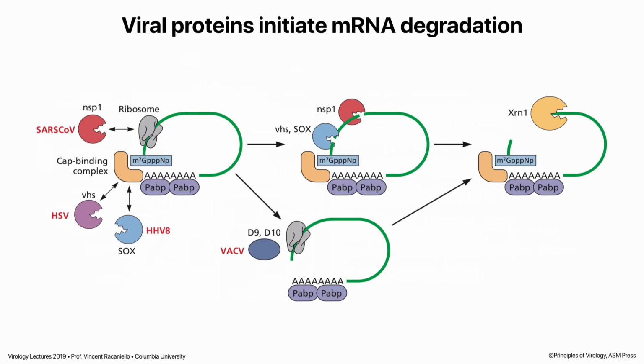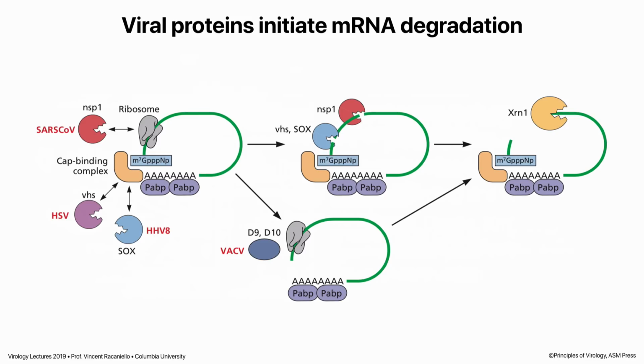So SARS coronavirus, for example, encodes a protein that is brought to mRNAs by, it recognizes ribosomes that are translating it, and then it chews up the mRNA shown there in the second slide. And then once the chewing has started, that chewed RNA is recognized by cellular XRN1, which takes away the rest of the task. So the NSP1 chewing basically removes the cap, and that brings in XRN1.